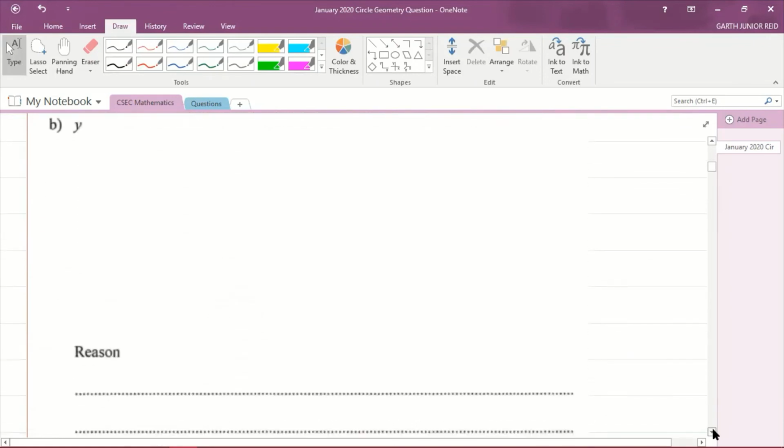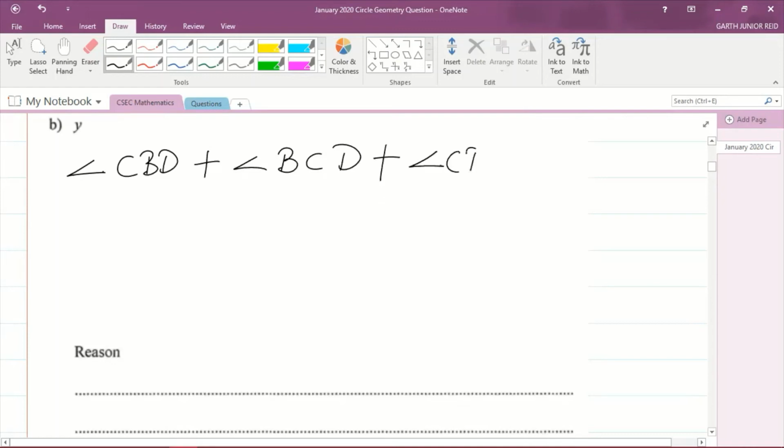All right, let's write that down here. So we basically stated that the angle CBD plus the angle BCD plus the angle that we're trying to find, CDB, is equal to what? 180 degrees, right?